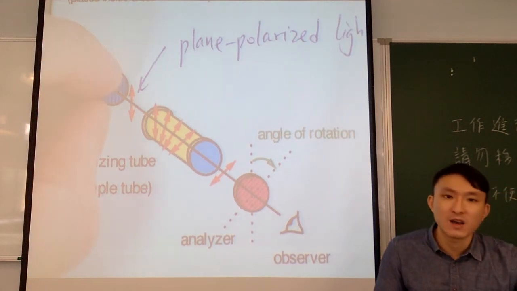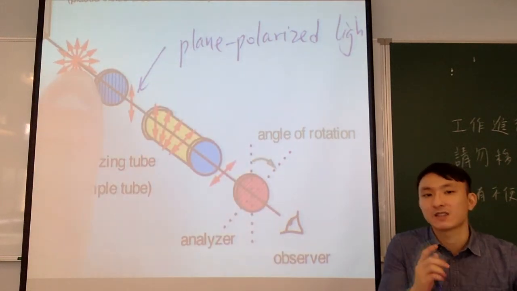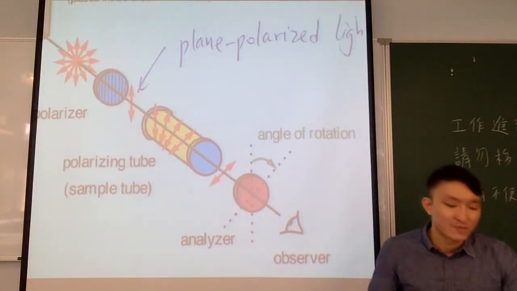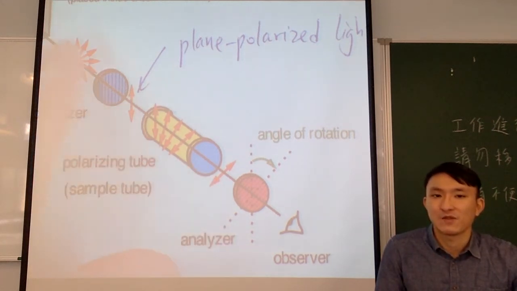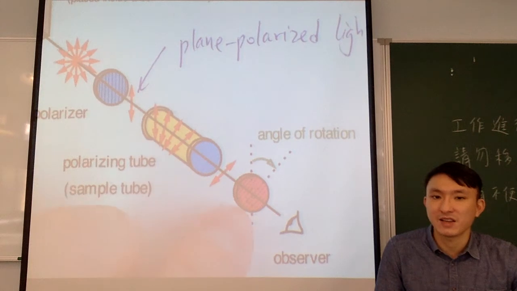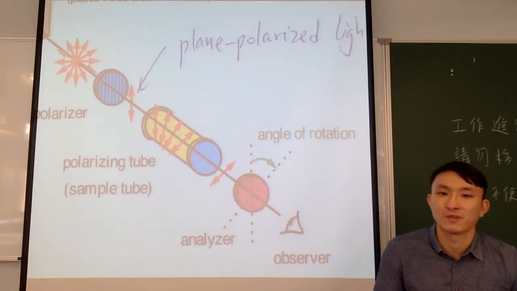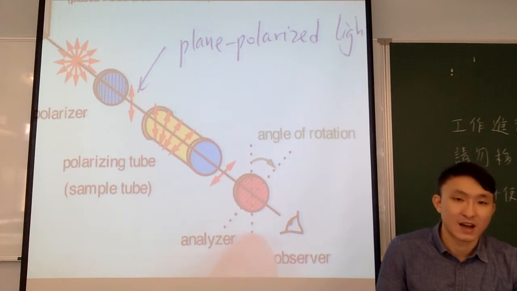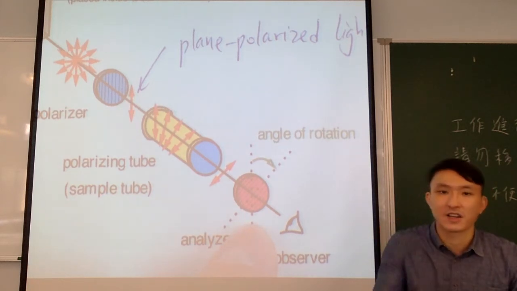Now think about it. If the slit is still vertical, then these lights are unable to pass through. So if you put it here, you can't see any light coming through from the polaroid. It's all dark. Okay?